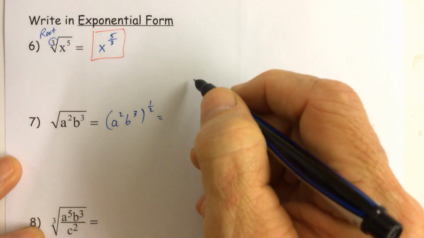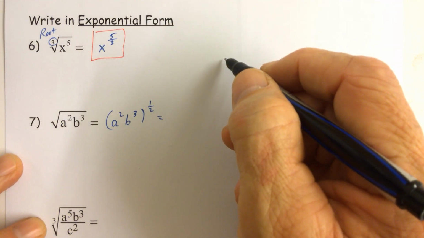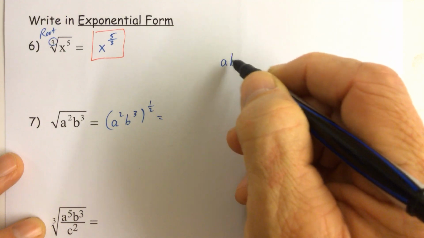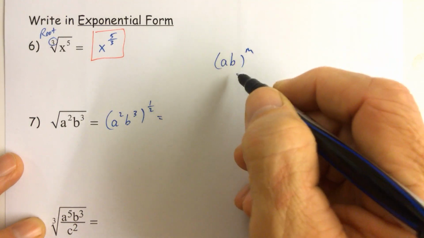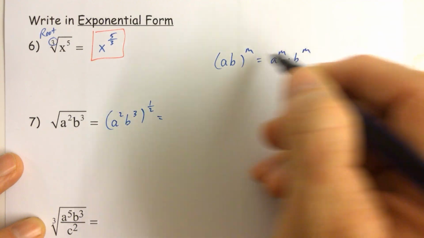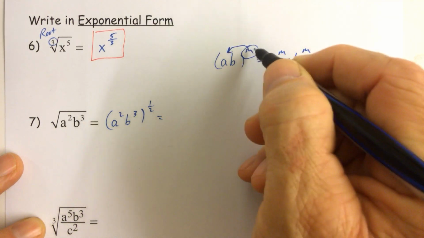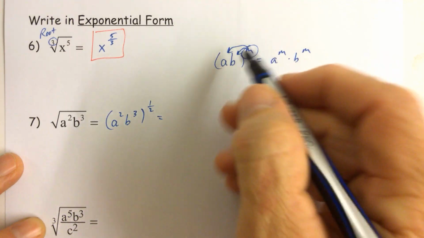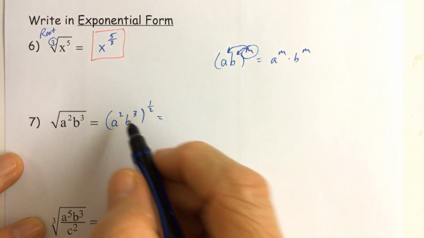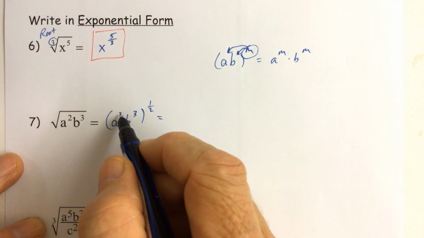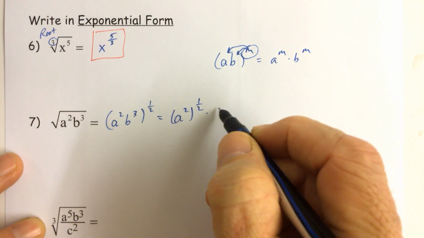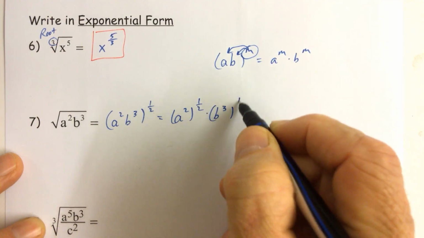There's an extra little rule that we are supposed to know: a times b to the m is equal to a to the m times b to the m. So that exponent is kind of distributed to both of the factors inside the parentheses. And so here we see an a squared to the 1/2, and then we also have b cubed to the 1/2.